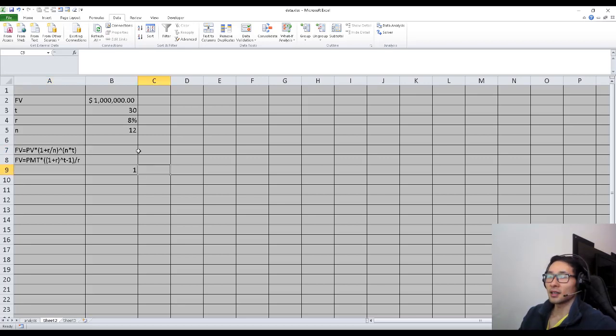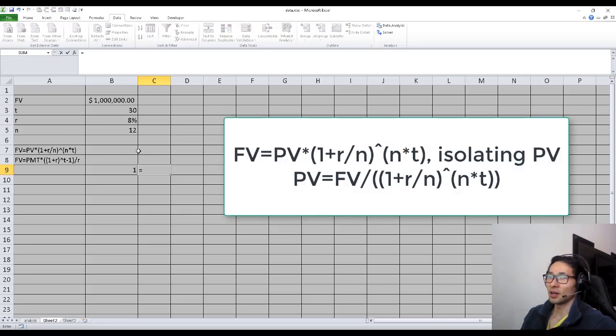Okay, so let's start to calculate this present value using algebraic manipulation. So, present value equals future value divided by, here guys, be very careful where you open and close this parenthesis, because if you're not paying attention, we might end up with some error and we have to fix it later.